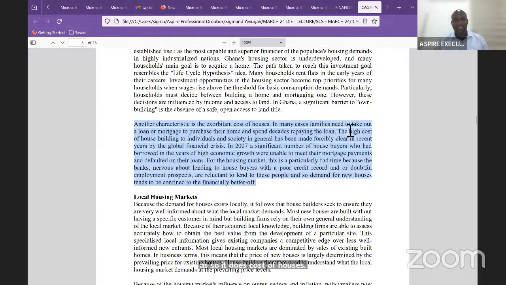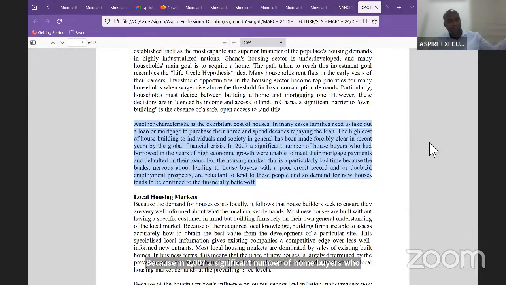In many cases, families need to take out either a loan or mortgage to purchase their home and spend decades paying for it. The high cost of house building to individuals and society in general has been made forcibly clear in recent years by the global financial crisis, because in 2007, a significant number of home buyers who had borrowed in the years of high economic growth were unable to meet their mortgage payments.